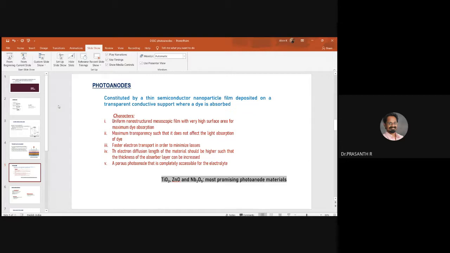Similarly, there are four more important factors that a photoanode must possess, such as maximum transparency, faster electron transport, higher electron diffusion length, and it must be porous so that it is accessible to the electrolyte. Among the several photoanodes, titanium dioxide, zinc oxide, and niobium pentoxide are found to be the most promising photoanode materials.